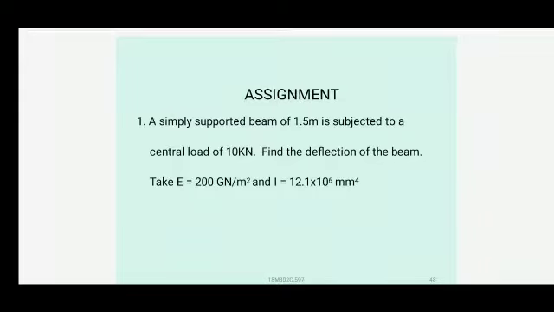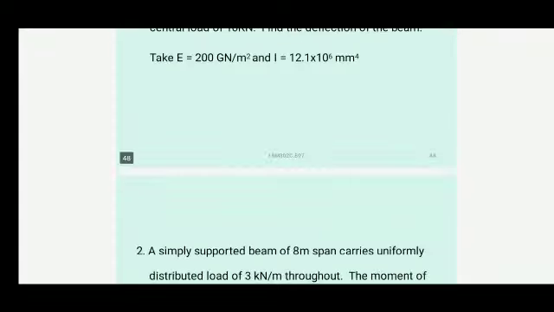Another assignment question. A simply supported beam of 1.5 meters is subjected to a central load of 10 kilonewtons. Find the deflection of the beam. Take E equal to 200 giganewton per meter square, I equal to 12.1 into 10 to the power of 6 mm to the power of 4.